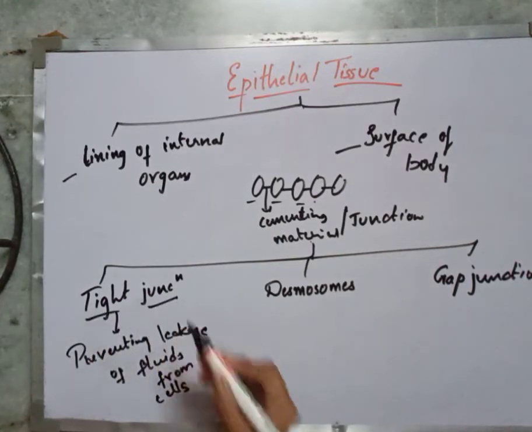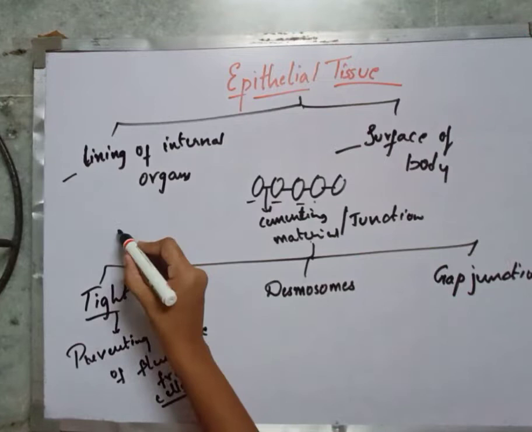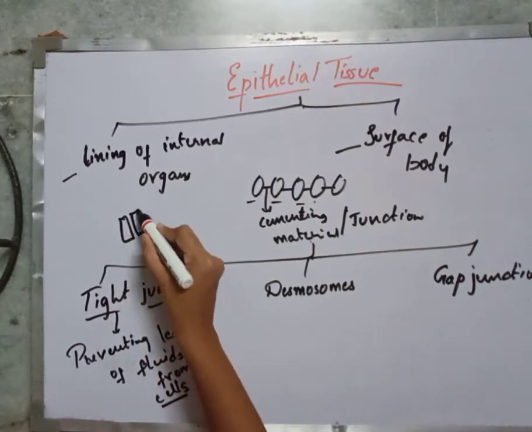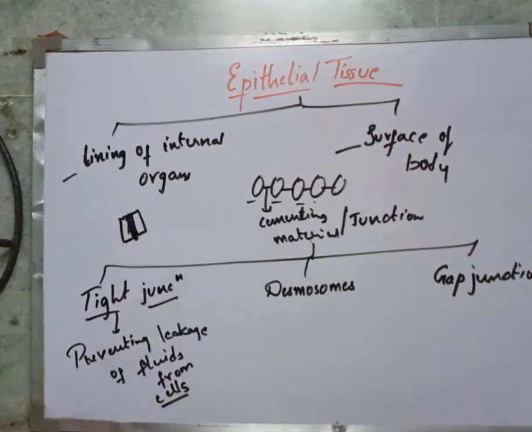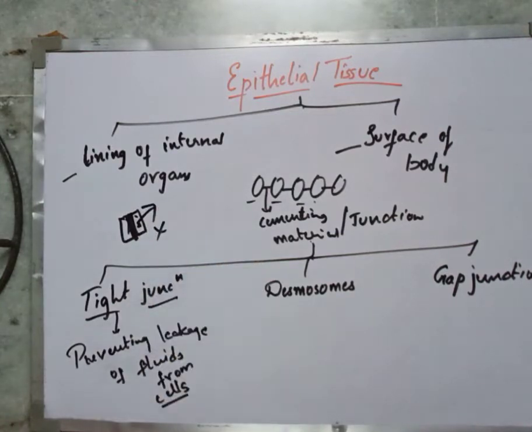Tight junctions prevent the leakage of fluids from inside the cells to the outside. If these are two cells, a tight bond is established between them so that the fluid inside the cells does not escape. This is the function of tight junctions.